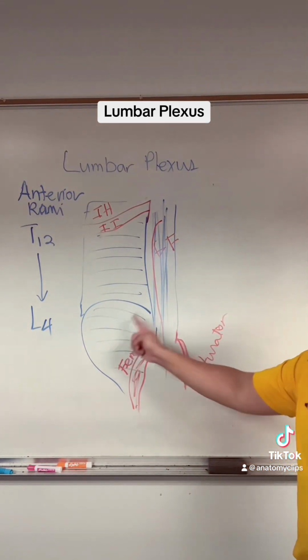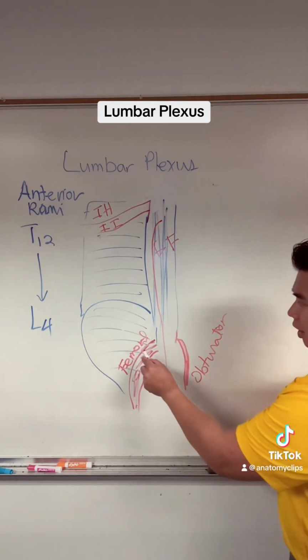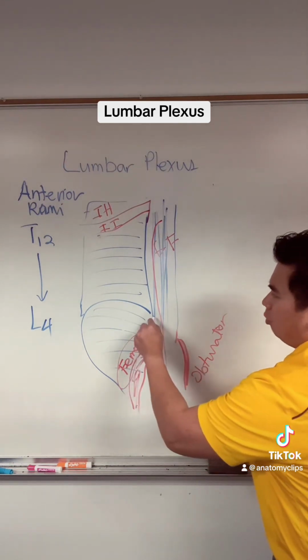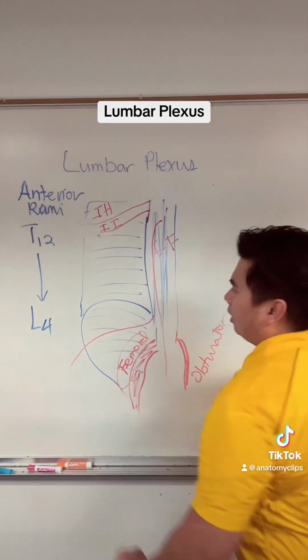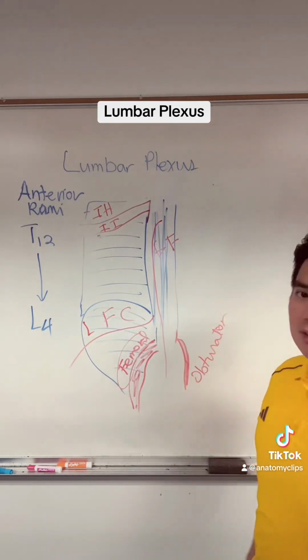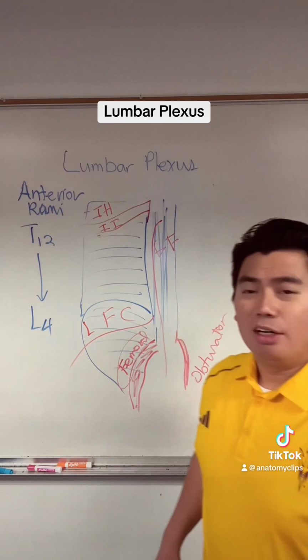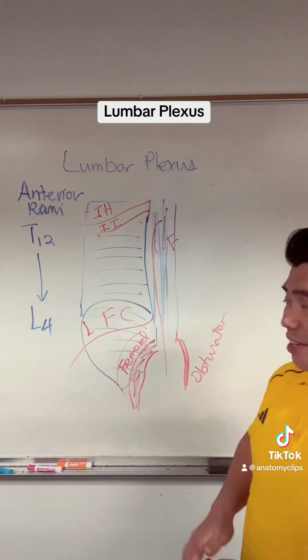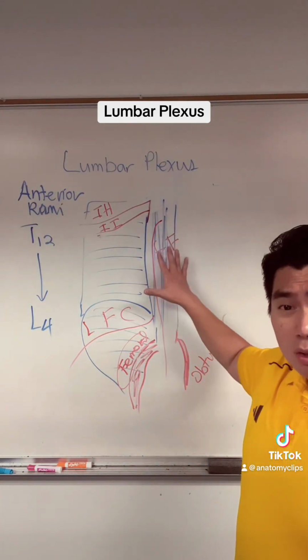Then, kind of right here by the iliacus muscle, and lateral to the femoral nerve, we will have another branch coming out, and that will be your LFC, or the lateral femoral cutaneous nerve. So that's how it's located. To repeat this specific discussion, remember we have the iliopsoas muscle group.